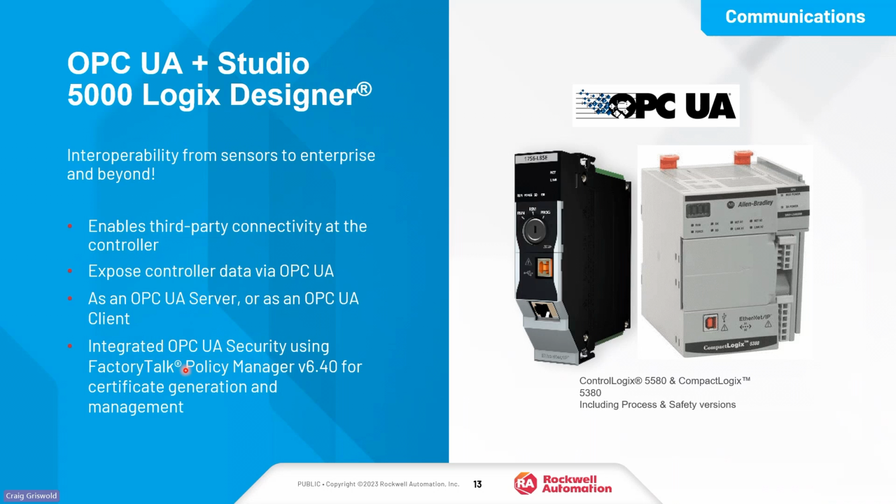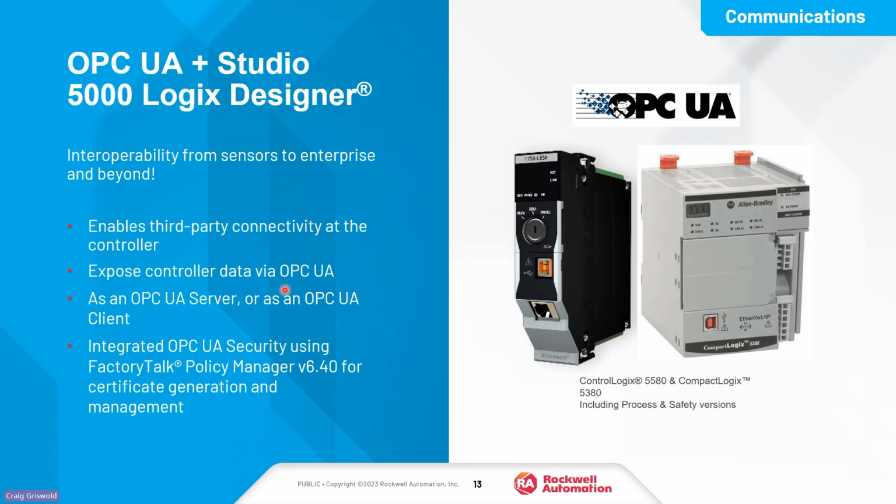It is already incorporated into our policy manager to create certificate generations for secure communications to other pieces of hardware and/or software. One thing to keep in mind when you're going to use OPC UA in the controller: different controllers have different amounts of tags or nodes they can expose.